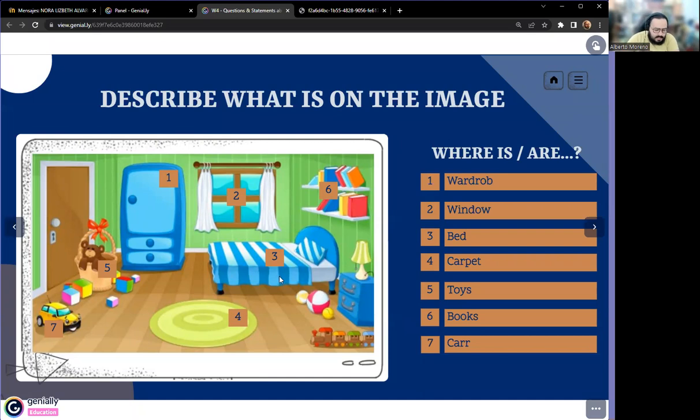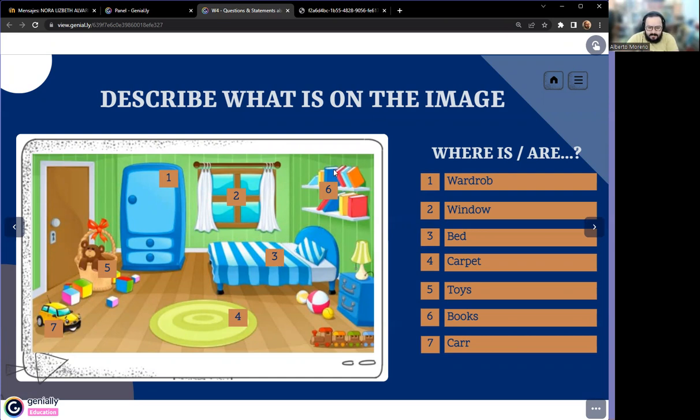Across from the bed, well, it's okay. Pero también pudiera ser in front of number 4, carpet. In front of the carpet, or next to number 1, wardrobe. The wardrobe. Okay.